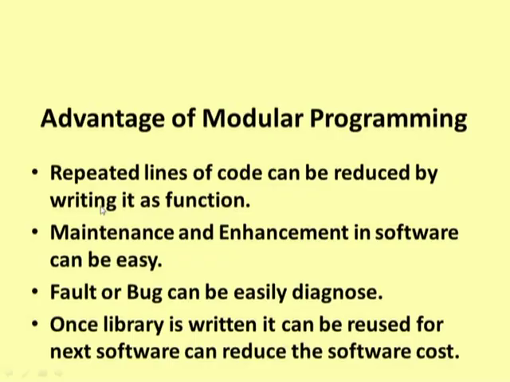Now here if some functions are readily available, then the cost to write that code can be reduced. So in short, we can reduce the software cost as well as the development time for the software. So here we can easily use the functionality of modular programming. These are the advantages.